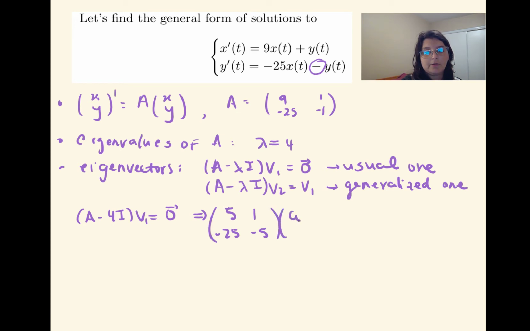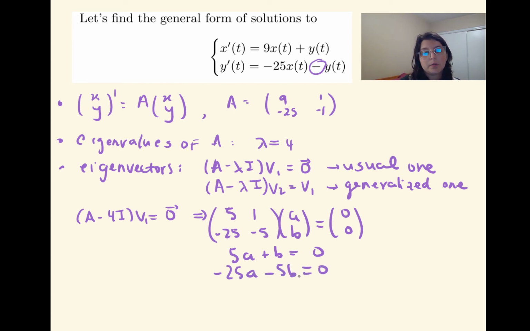Let's denote v1 by (a, b). It should be equal to the 0 vector, and we have a 2 by 2 system, so it's going to be a 2 by 1 array here. So we end up with 5a plus b equals 0, and minus 25a minus 5b equals 0.